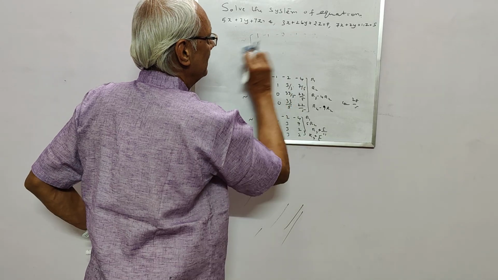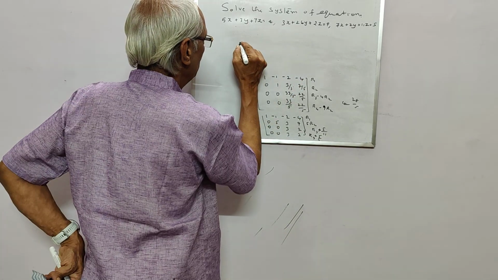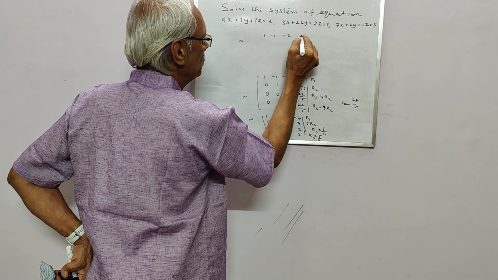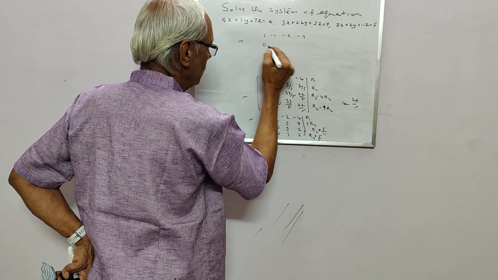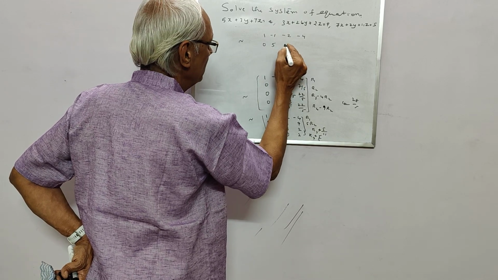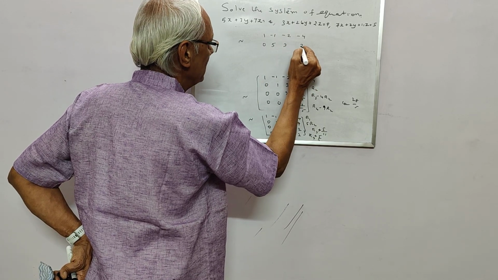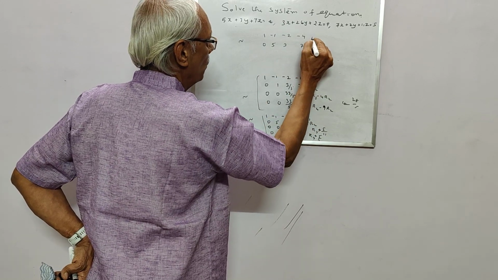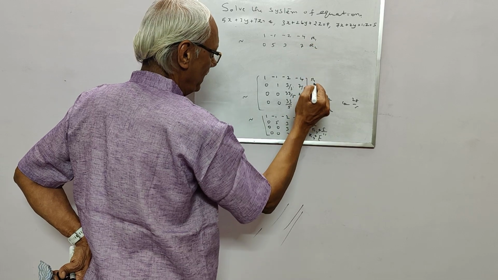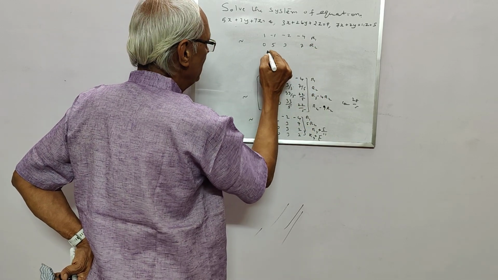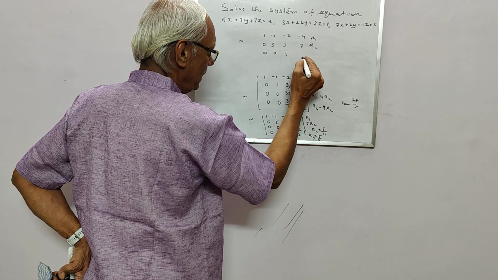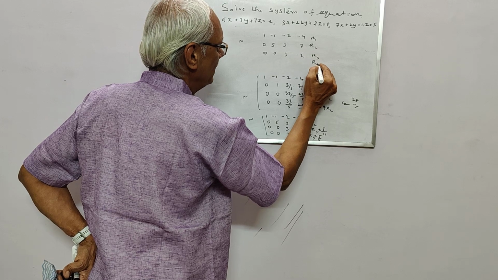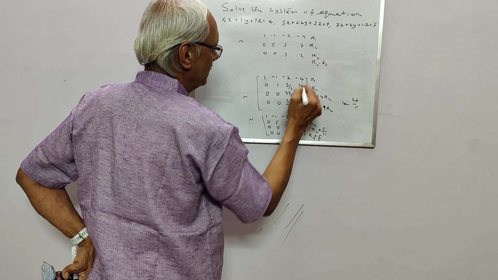Then the next step is, so this will be 1, minus 1, minus 2, minus 4, 0, 5, 3, 7. Then you see that R1 I am keeping as it is, R2 I am keeping as it is, and you see 0, 0, 3, 2, and R3, and you write R4 as R4 minus R3.